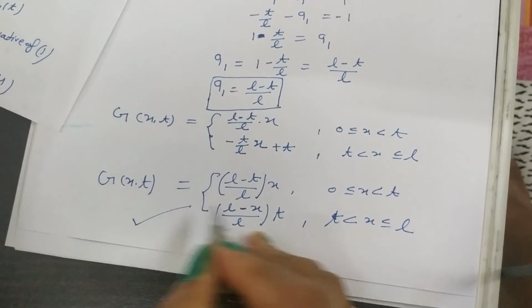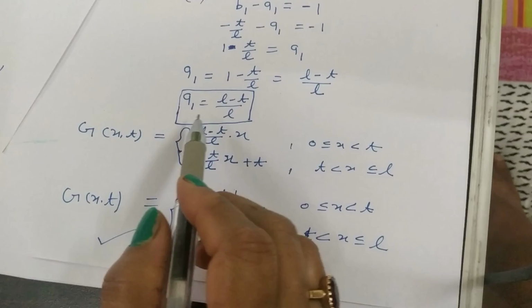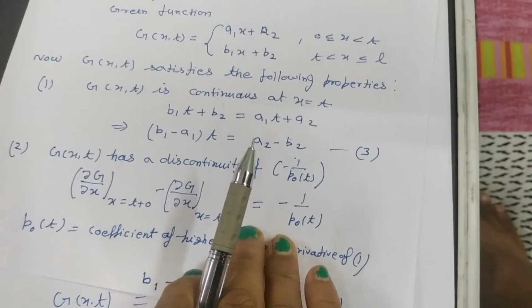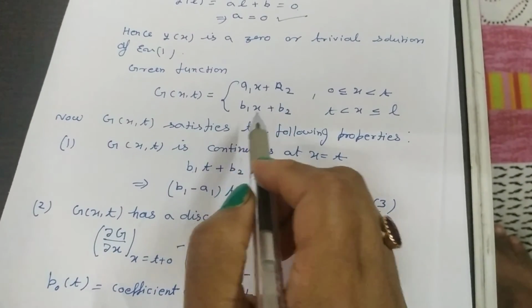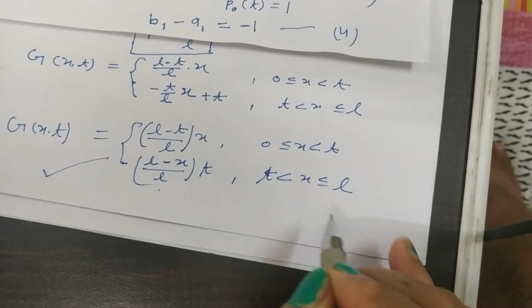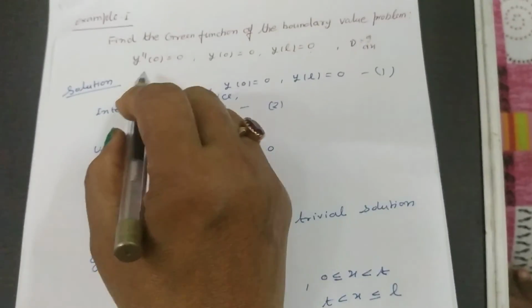Clear? Substituting the values of a1, a2, b1, b2 in this Green's function, in this way you can construct the Green's function for a boundary value problem.